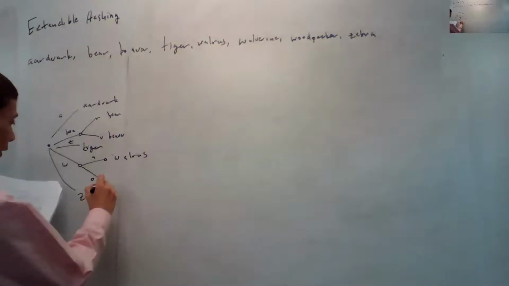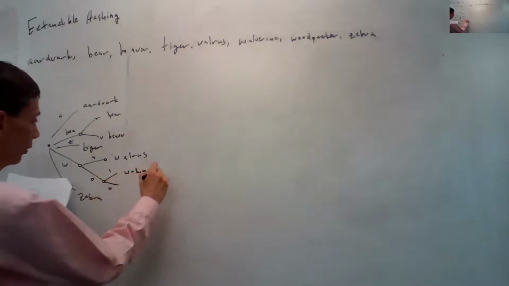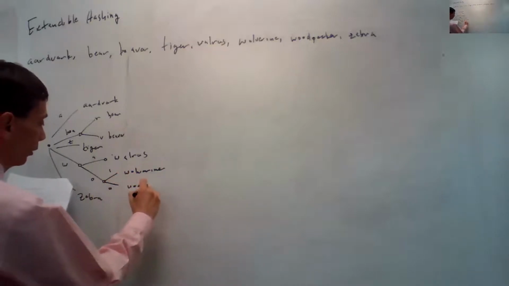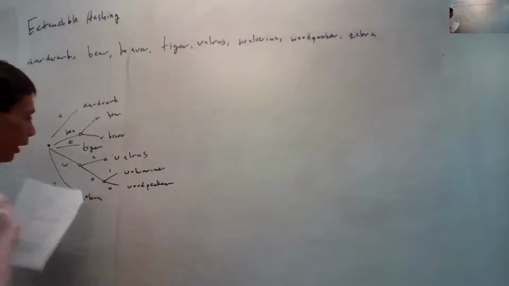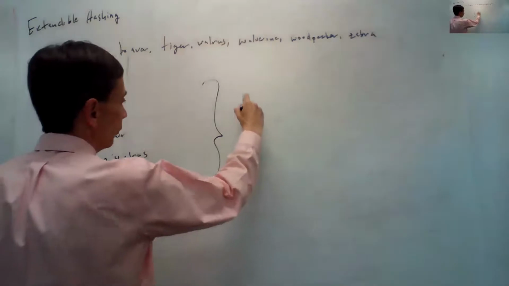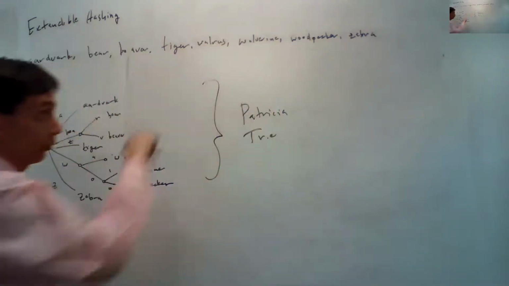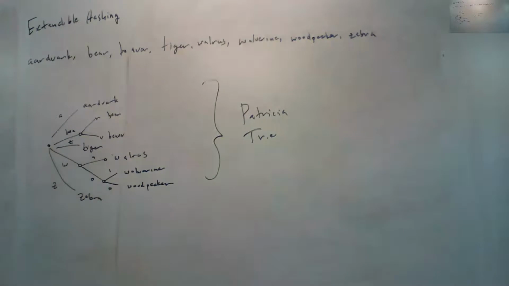We have an L node and we have an O node, and then that gives us wolverine and woodpecker. Okay, so that would be the Patricia trie for those particular keys.